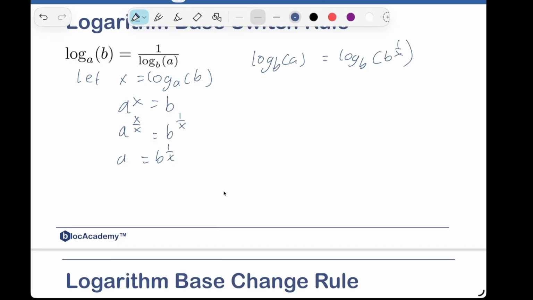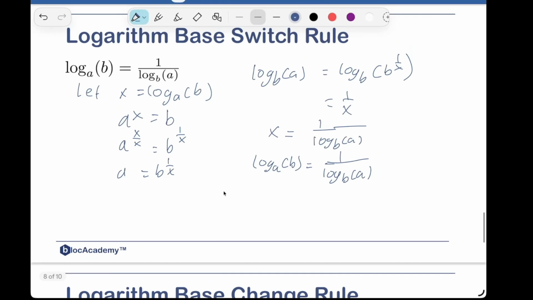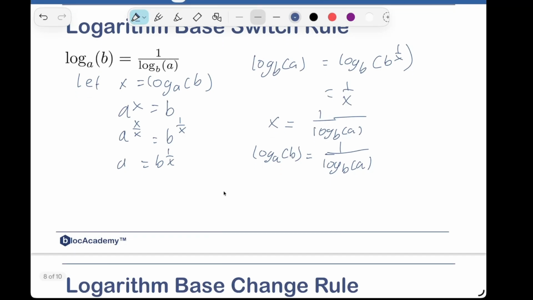What's interesting is that we end up getting 1 over x here. If we isolate for x, we're going to get x equals 1 over log b of a, which we know x is log a of b. So we know this property holds. We can switch the base and the anti-logarithm, and we just have to turn it into a reciprocal.